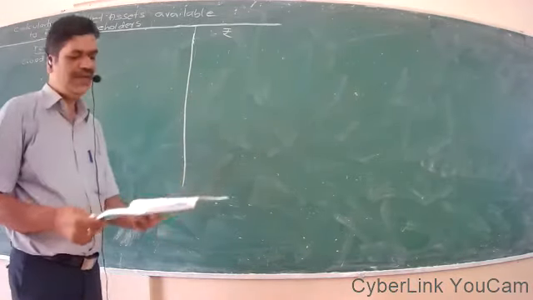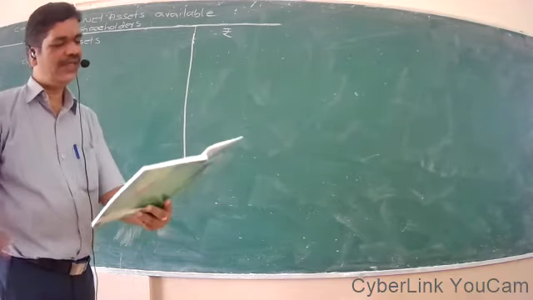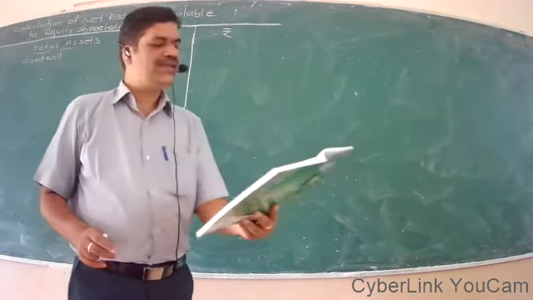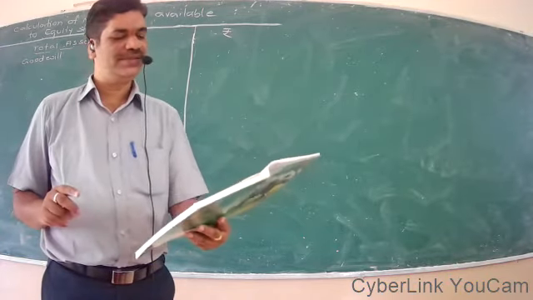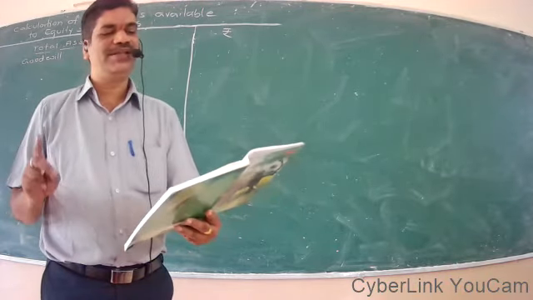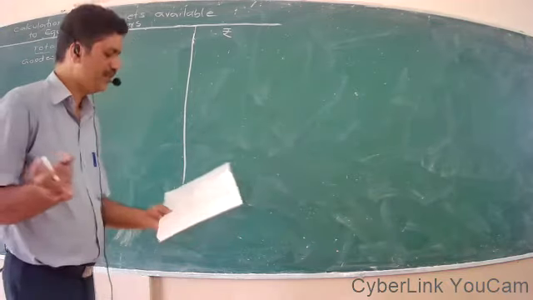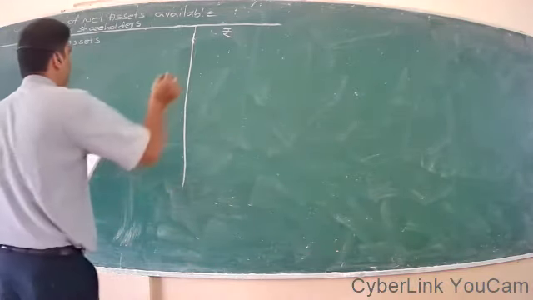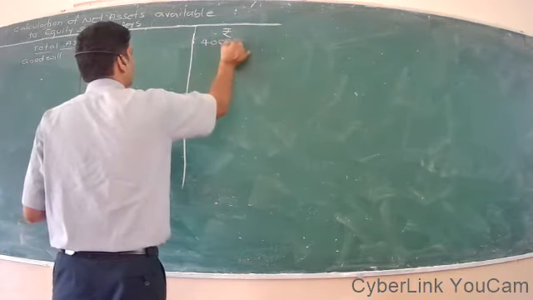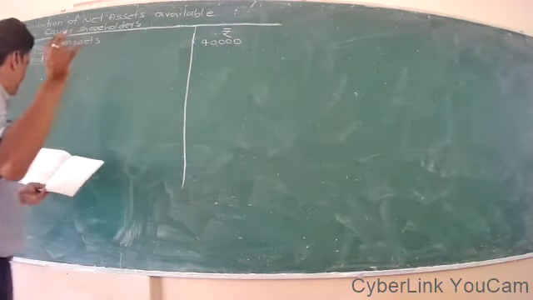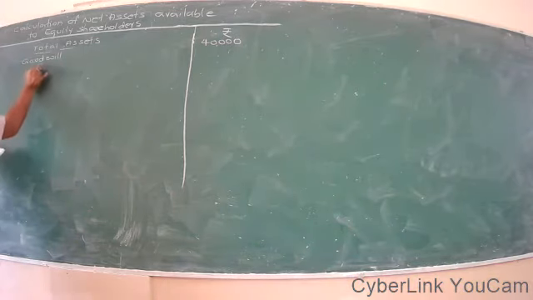For goodwill we have to take the value given in the adjustment, that is 40,000, not the 50,000 given in the balance sheet. Next is other fixed assets.